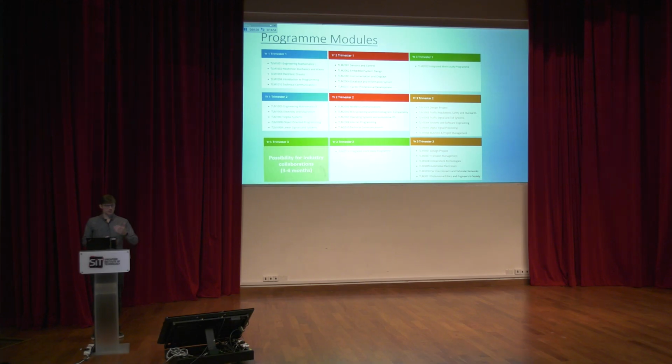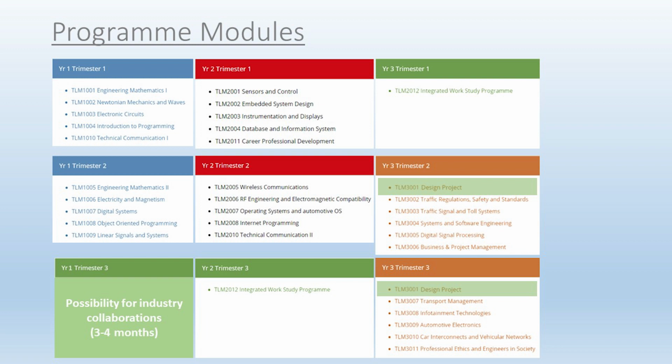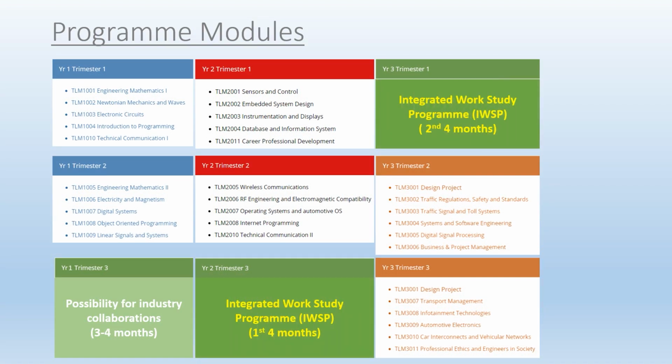What you can also see here is, as I already briefly mentioned, in year 1, the third trimester, which can be used by our students for possible industry induction or a short industry collaboration, 3 to 4 months, and then the integrated work study program in the third trimester of year 2 and first trimester of year 3.